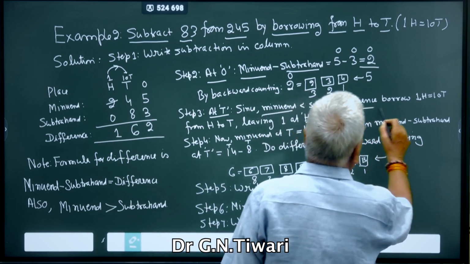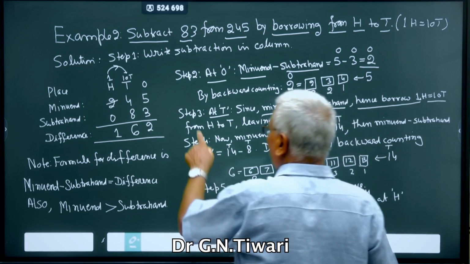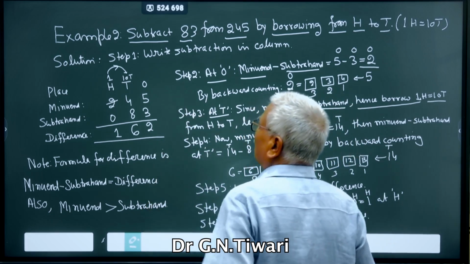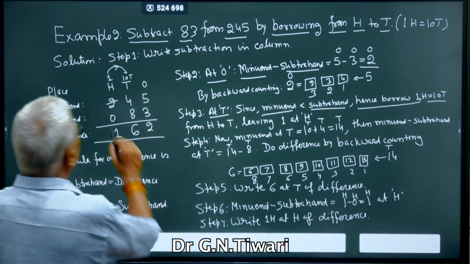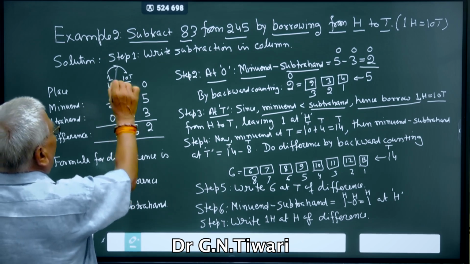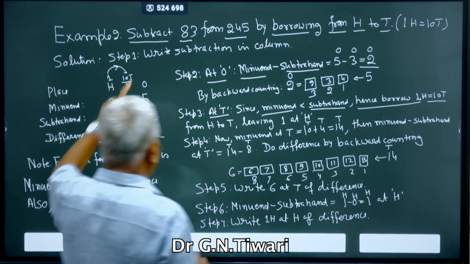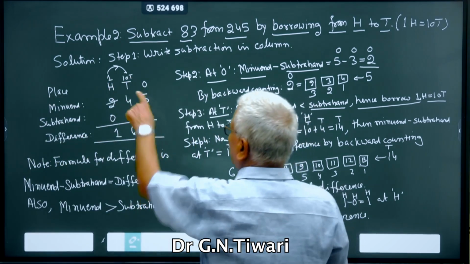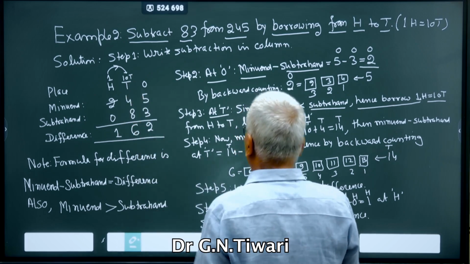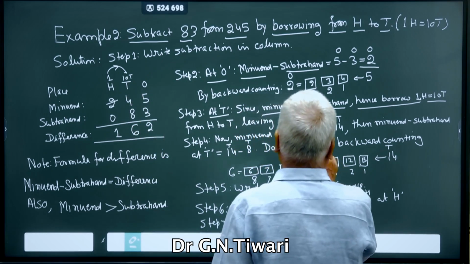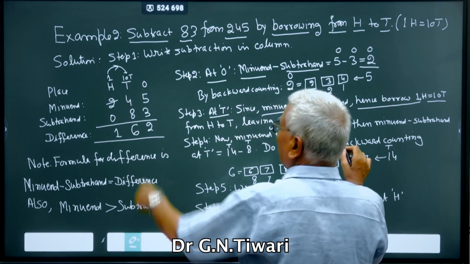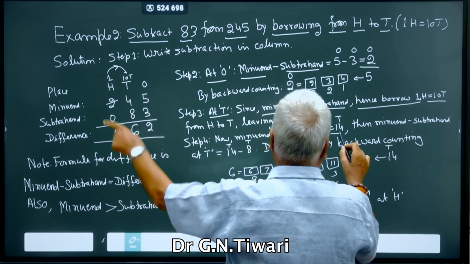So hence borrow 1H, which is equal to 10T, from H to T. If you borrow 1H from this, 2 becomes 1 and 1H becomes 10T. Now at T, 10 plus 4 is 14T, because you have added to the minuend after borrowing.